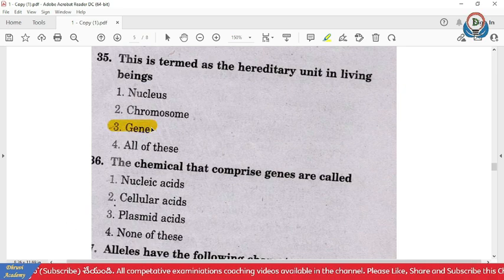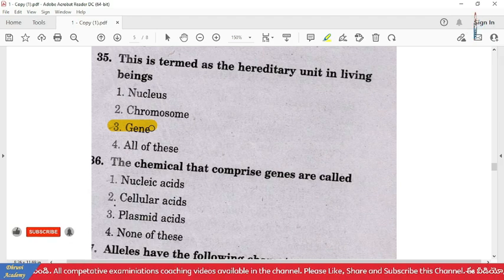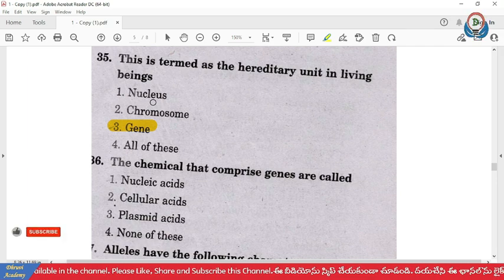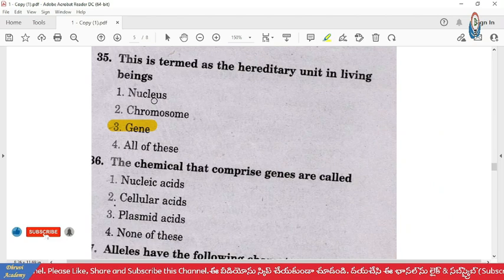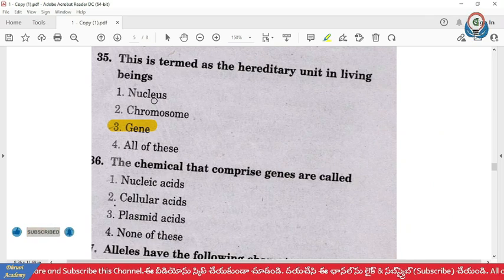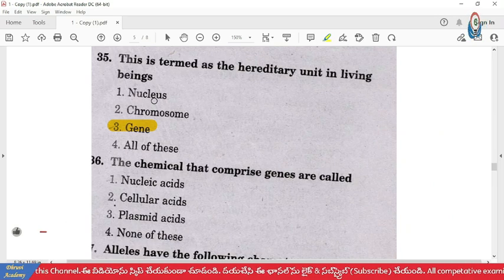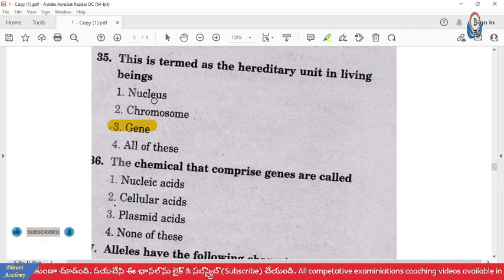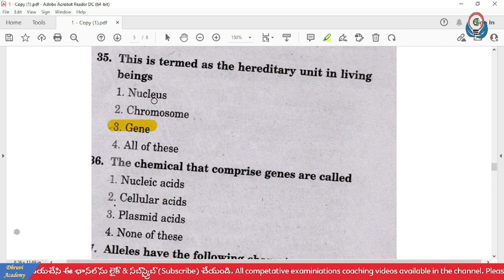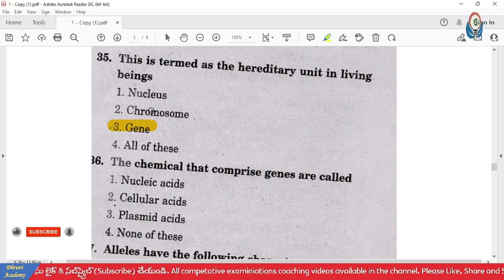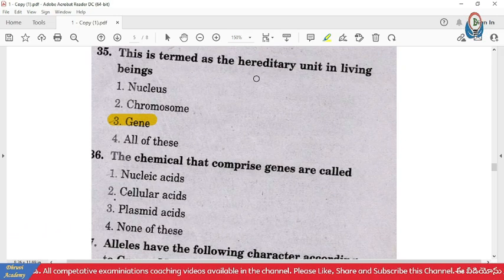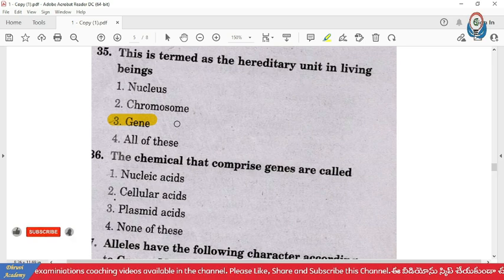Genes are called the heredity unit. A chromosome is DNA. A nucleus is a double membrane organelle that contains the genetic material. So the heredity unit of living beings is called genes.